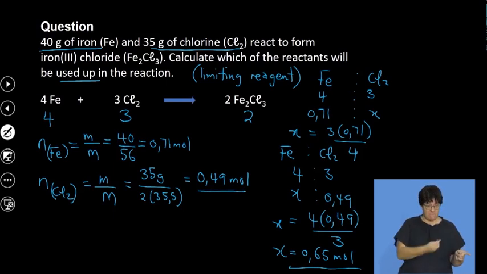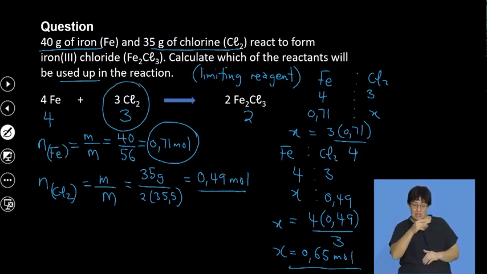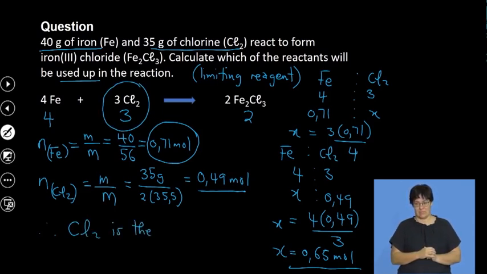How much iron did we have? We've got 0.71. It means all the chlorine will react, and some of this 0.71 moles will react, and some of it will be left. So in other words, chlorine is our limiting reagent. Therefore, chlorine gas is the limiting reagent.